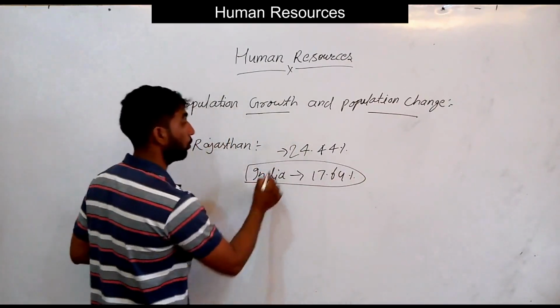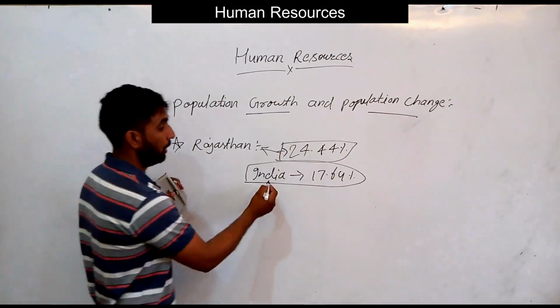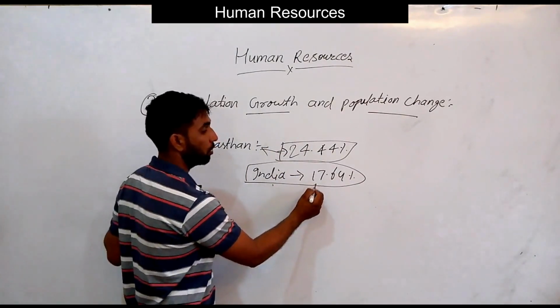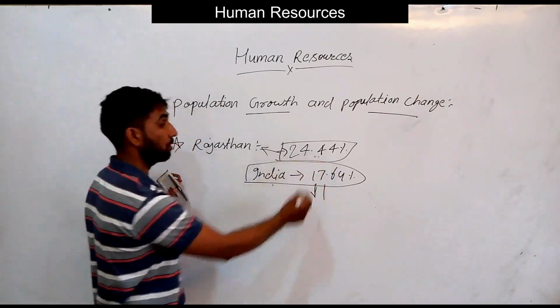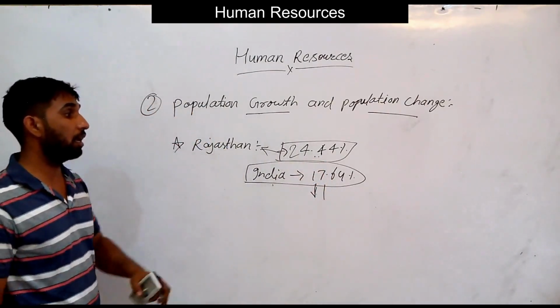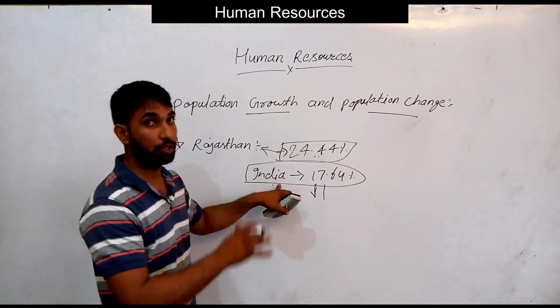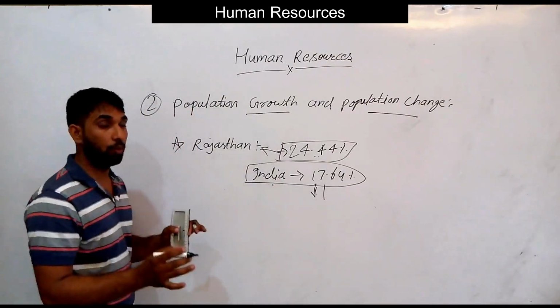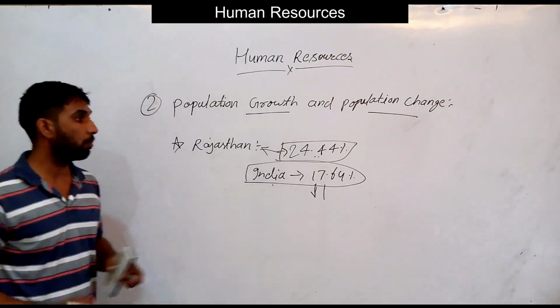So India's growth rate was lower in comparison to Rajasthan. It means Rajasthan has a much higher growth rate than the rest of India, or the whole India average, as the figure shows.